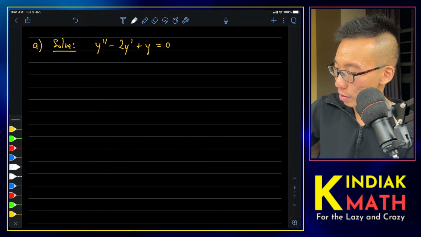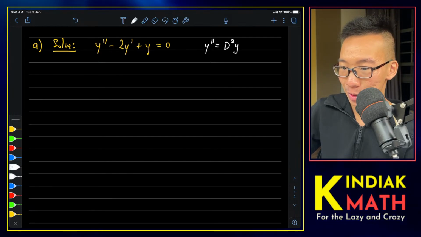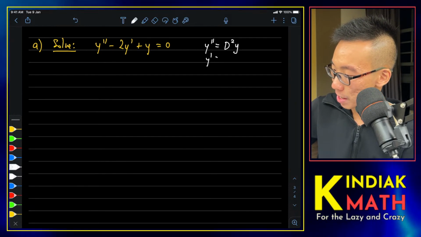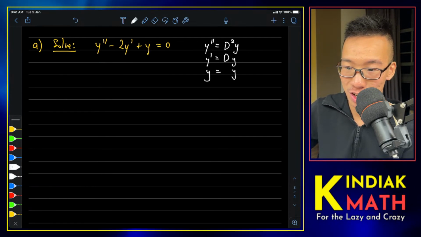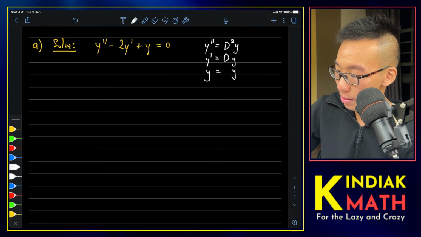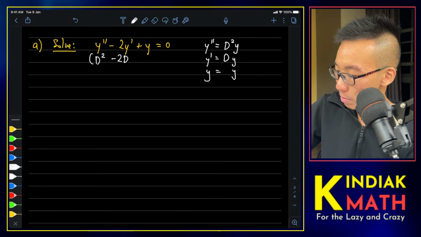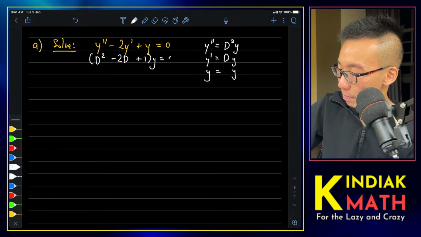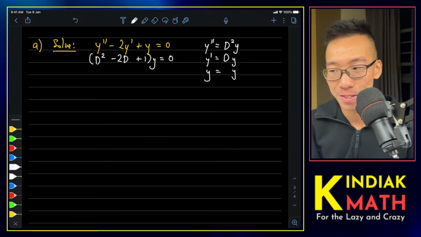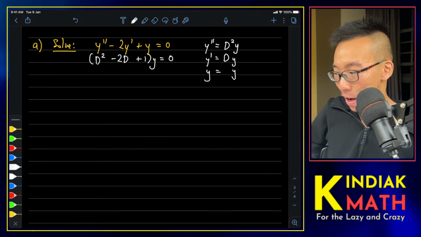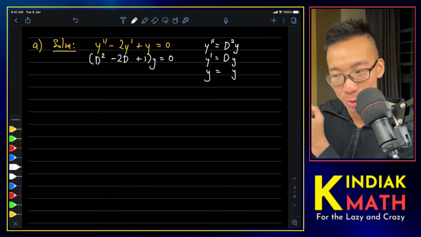So I like to think of y double prime as differentiating 2 times, y prime as differentiating once, and y as differentiating nothing. So you can think of this as D squared minus 2D plus 1 of y. There is a rigorous way to justify this approach, although it is rather challenging.